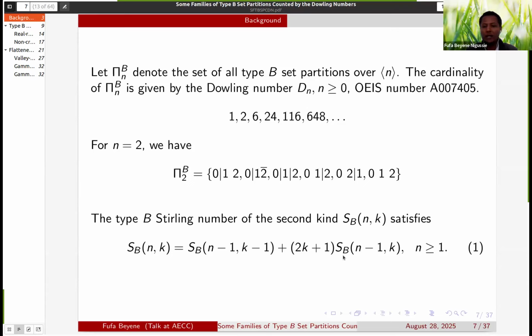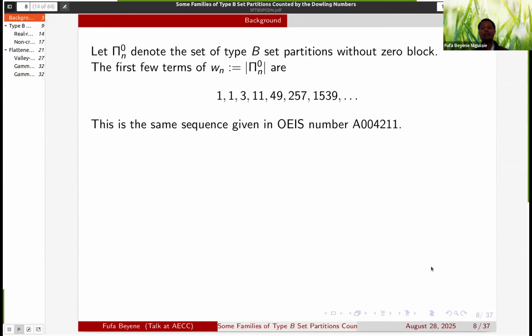S B n k is given by this one, and we are interested in the type B set partitions without 0 block. So let's denote type B set partitions without 0 block by this notation. When we say type B set partitions without 0 block, either you have no 0 in your list of integers, or else, having 0, you keep set partitions with a singleton block, which consists of only 0 in the 0 block.